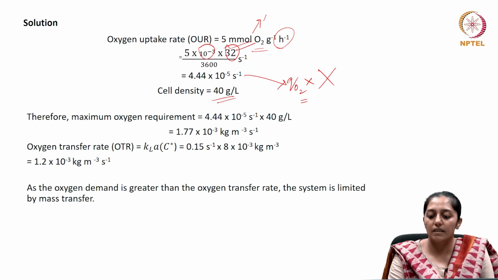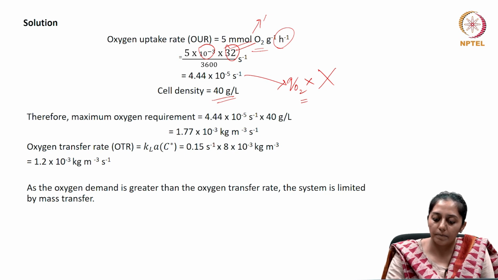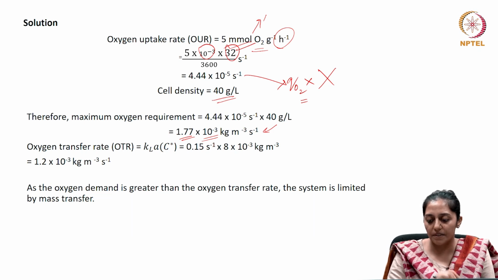Now, cell density is grams per liter. So, maximum oxygen uptake rate would be, again they are converting it into kg per meter cube. So, this becomes 1.77 into 10 to the power of minus 3 kg per meter cube per second.